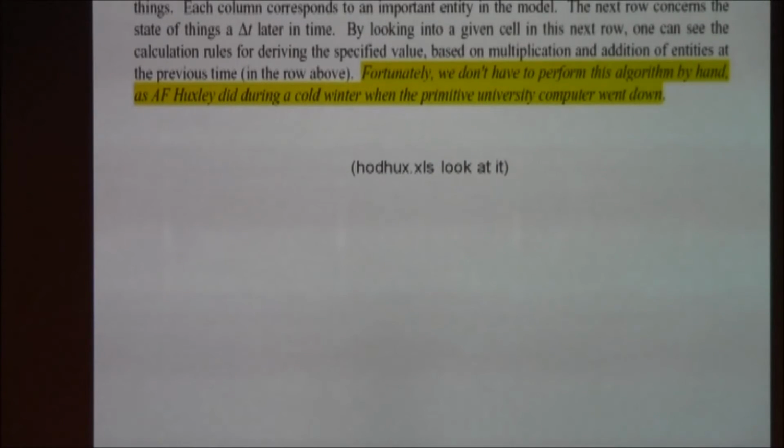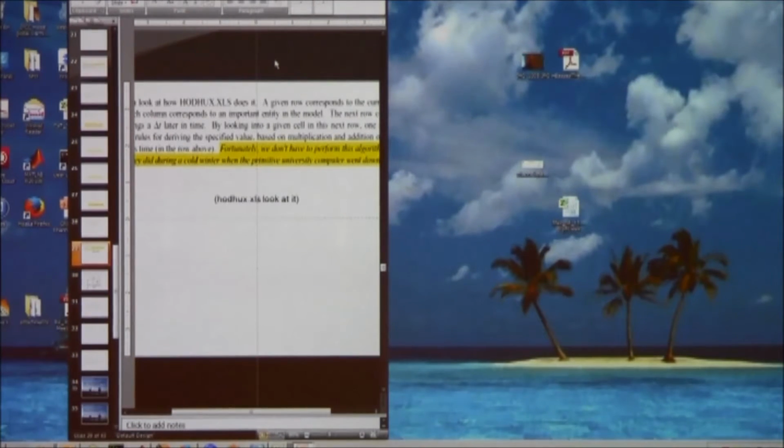So Alan Hodgkin said to his graduate student, Andrew Huxley, something like, Andrew, we can't wait all winter. Why don't we do it by hand? So he did the numerical integration with a hand calculating machine, row by row, and they had beautiful simulations. It took them a couple of weeks, but they did it. But we don't have to do that. We can do it in a spreadsheet.